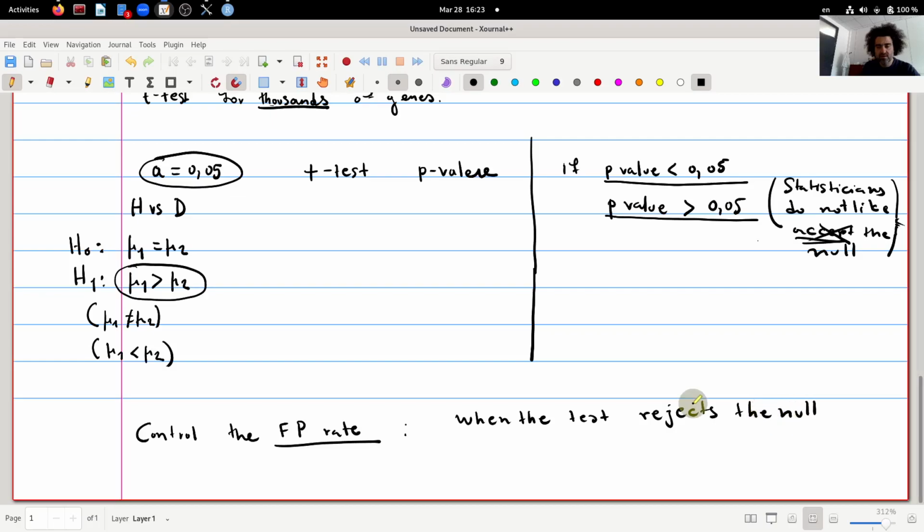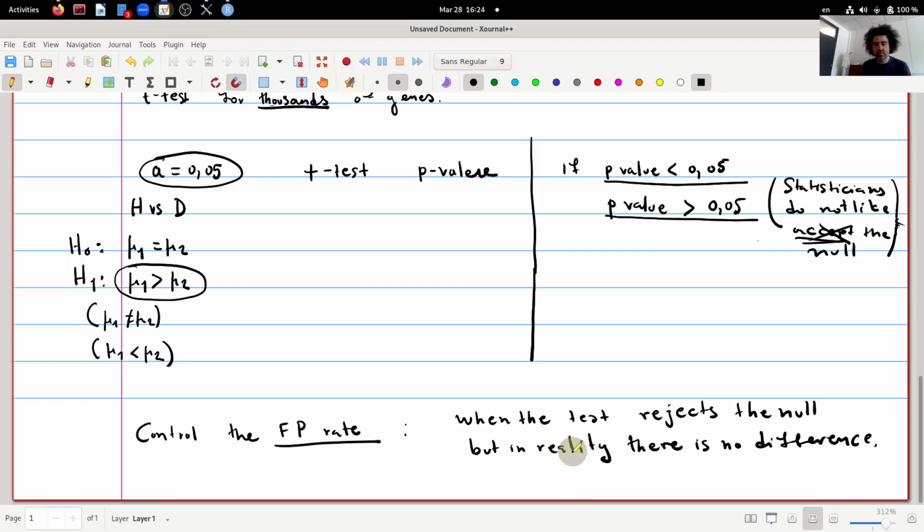So the test says that there is a significant difference between health and disease, but in reality there is no difference. So the false positive rate is when we reject the null when we should not reject it.